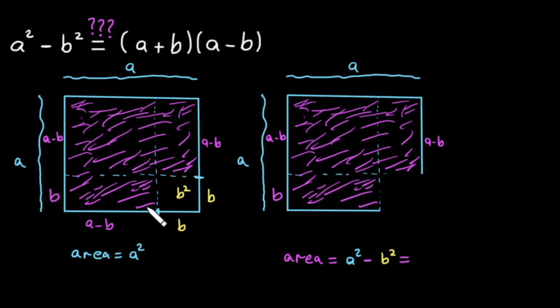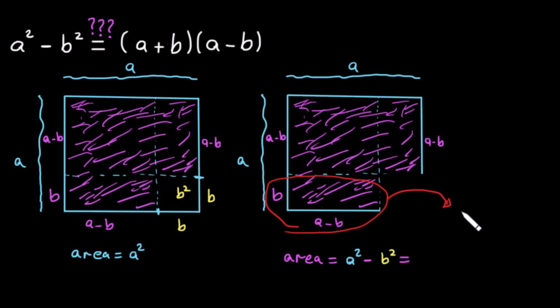Now I'm interested in making this irregular shape a rectangle. How can I do it? I want to transform this into a rectangle. Just rotate it to make it here.